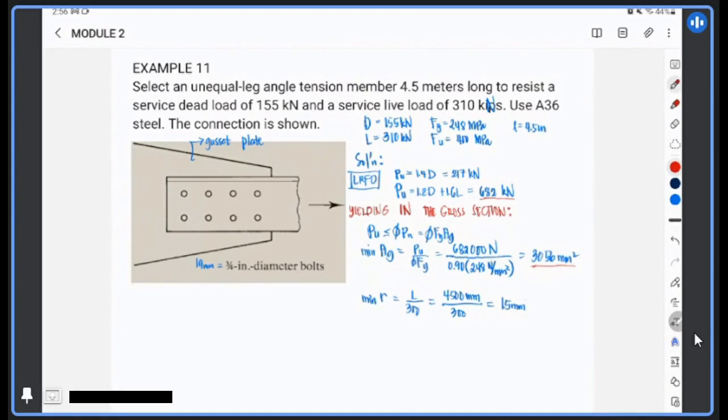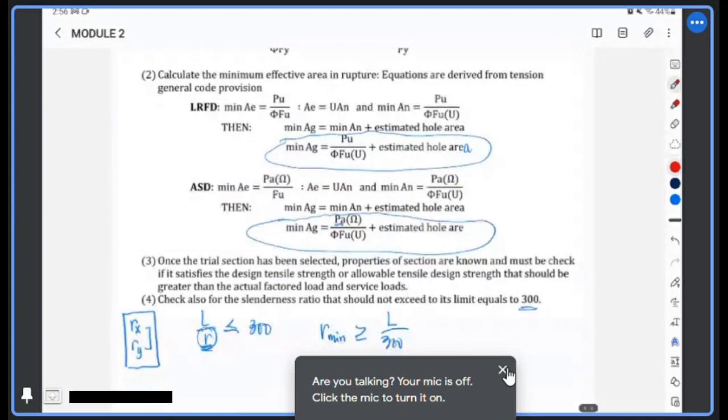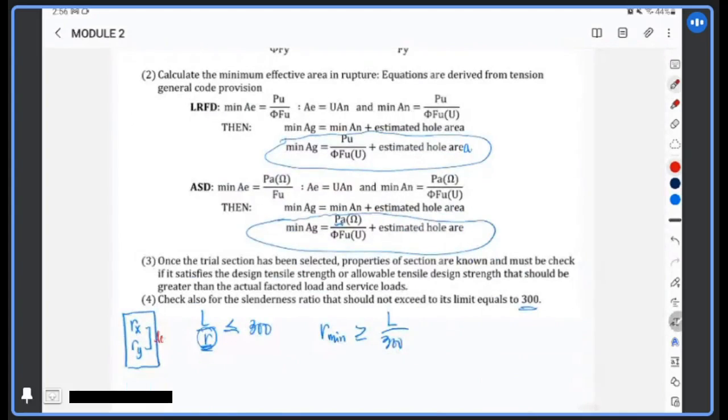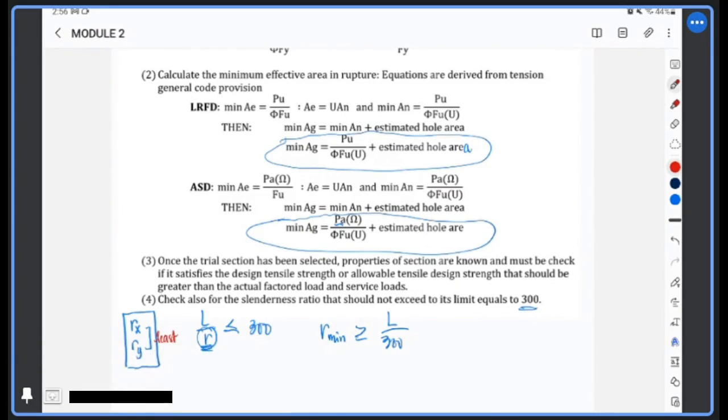And also for the minimum radius of gyration, because that will give the largest slenderness ratio, not the smallest, for the design of a tension member.